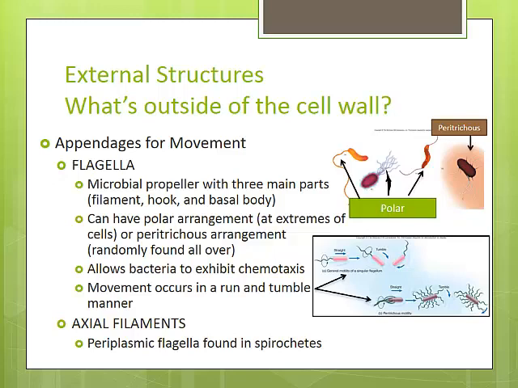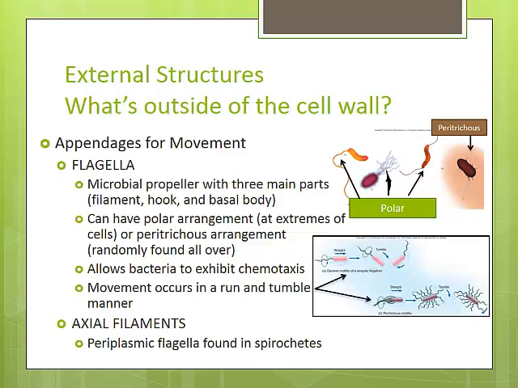And flagella can have a polar arrangement, meaning it's only at the extremes of the cells, and you can see that to the right of the words here, or a peritrichous arrangement, which means it's found randomly all over, and that's on the far right of the slide. Now, I mentioned it allows an organism to move towards something good or away from something bad, and we call that chemotaxis.